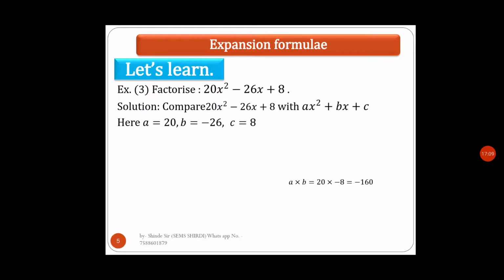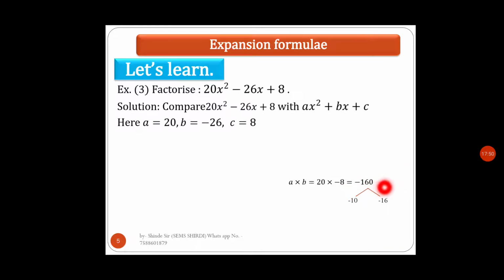You know the factors of 160, again by observation, if we take 16 into 10, again we get 160, and the sum of 16 and 10 is 26, but we require both are negative. We take here the factors minus 10 and minus 16. Here c is not minus 8, it is plus 8.